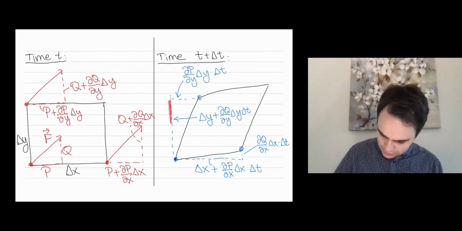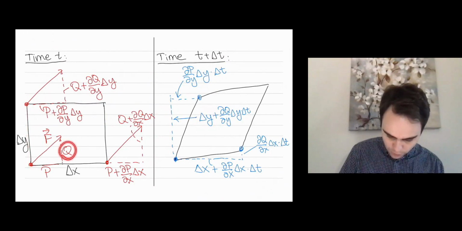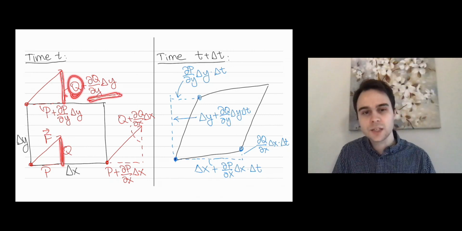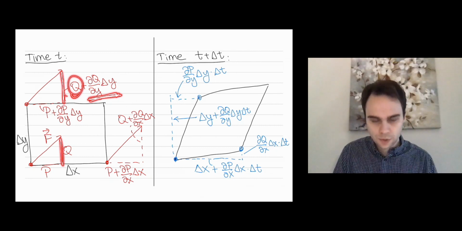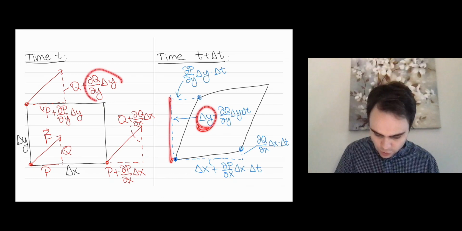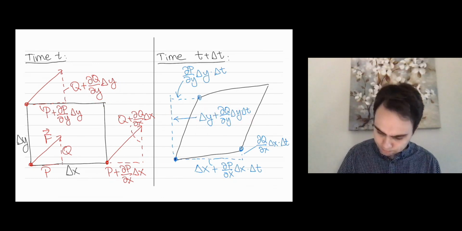So this height here is not the original height delta y, because the two velocities are different. The original one was q, the other one was q plus a little change that comes from fixing x and increasing y, right? So the new height is the original one plus this difference in velocities times the change in time.